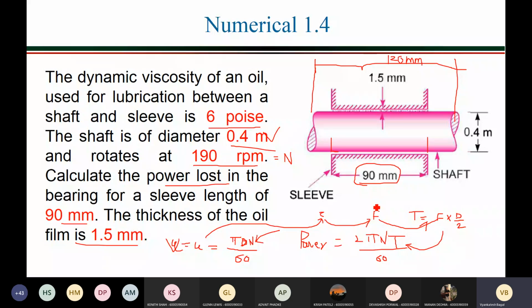So tell me the final value. What is the power you are getting? This answer will be in watt, power. You can cross-check the answer among yourself.